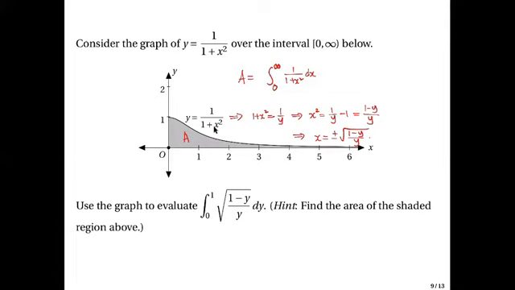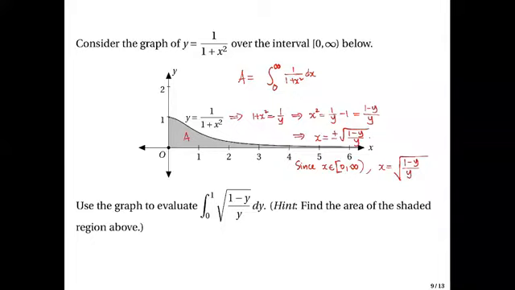So since x belongs to the interval 0 to plus infinity, we just take the positive here. x is simply the square root of 1 minus y over y. Okay?